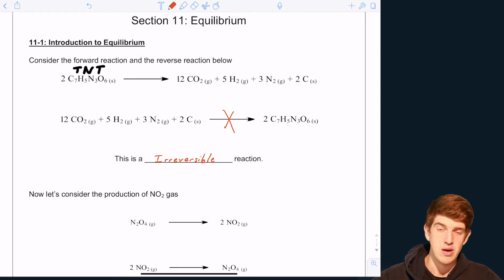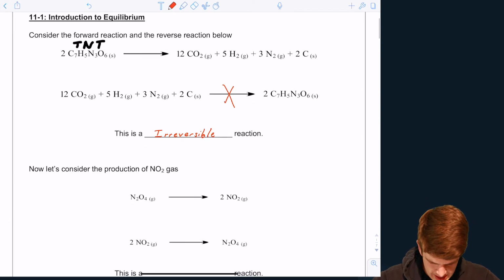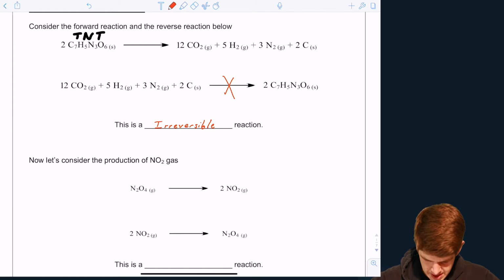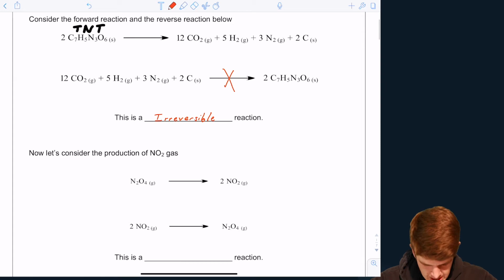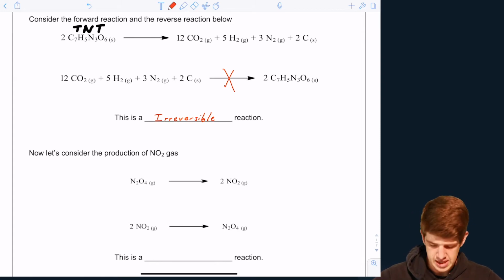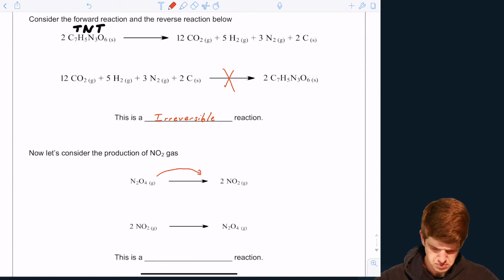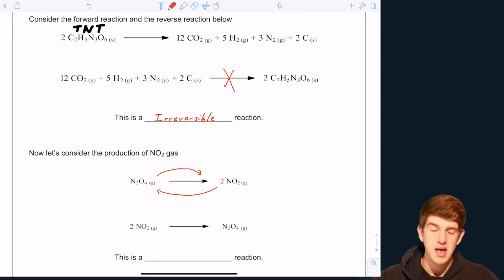Now that you know what an irreversible reaction is, let's look at what happens when N2O4 gas turns into 2 equivalents of NO2. You're probably a little less familiar with this reaction, but when N2O4 gas turns into NO2 gas, it's not going to stay that way. Some of those NO2 molecules can react and reform N2O4.